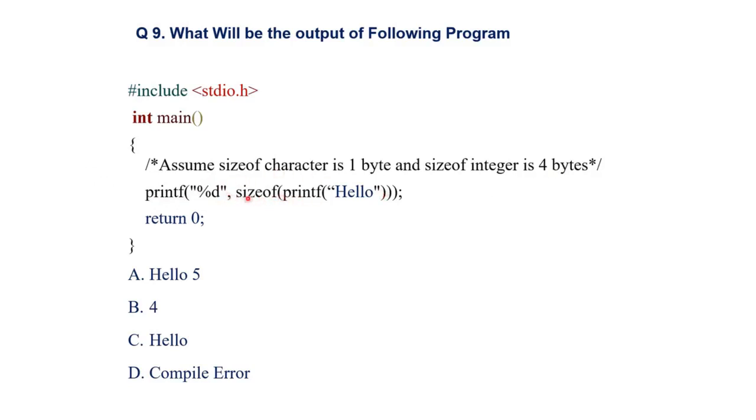Here the sizeof operator is used and the operand is the printf function. But you must know that any expression inside the sizeof operator does not get evaluated. So that means this hello will not be printed by this printf function. But we know that the printf function returns a value equal to the number of characters it is printing.